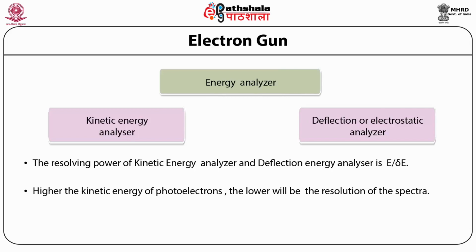Deflection analyzers are capable of separating out photoelectrons through an electric field by forcing electrons to follow different paths according to their velocities, giving a resolving power E upon delta E that is greater than 1000. Since the resolving power of both types of analyzer is E upon delta E, the resolution is directly dependent on the kinetic energy of the photoelectrons.